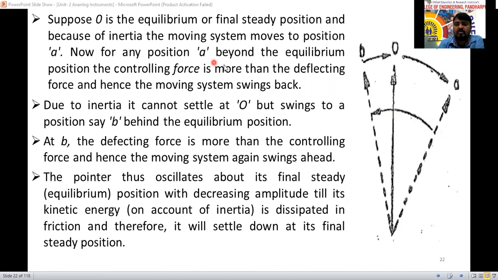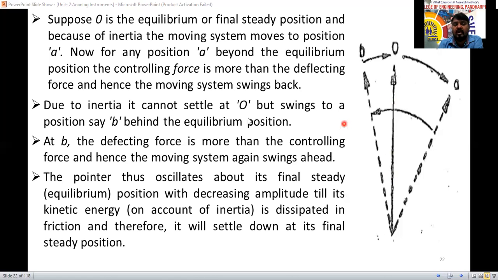So at any position, if the controlling force is more than the deflecting force, the moving system swings back here now. So due to this inertia of the moving system, the pointer will not settle at the 0 position. It will not set at the equilibrium or final steady value. It is not going to set here now.